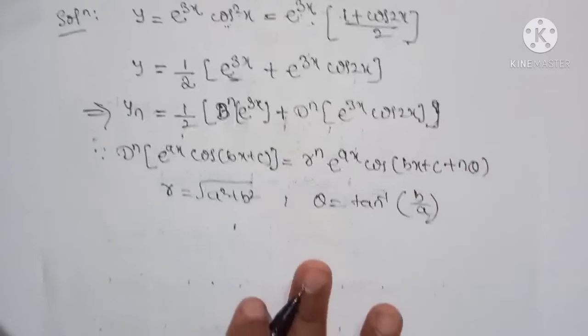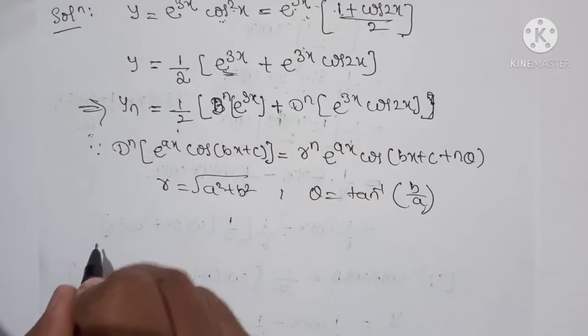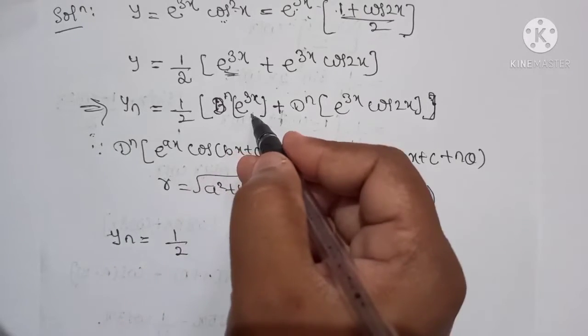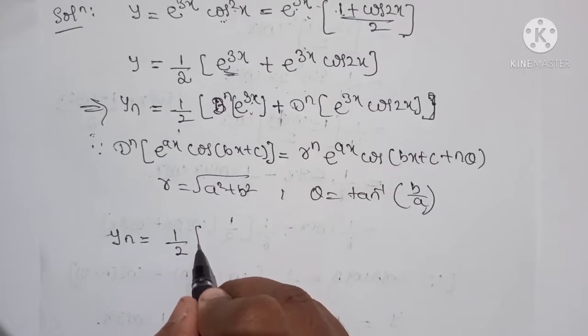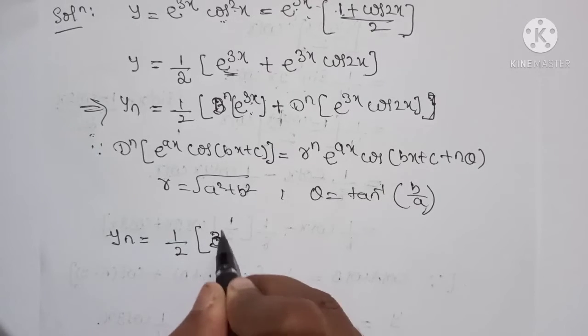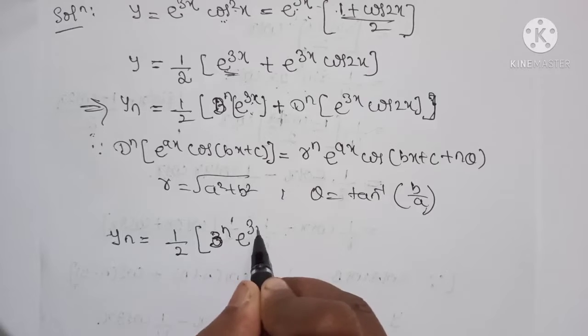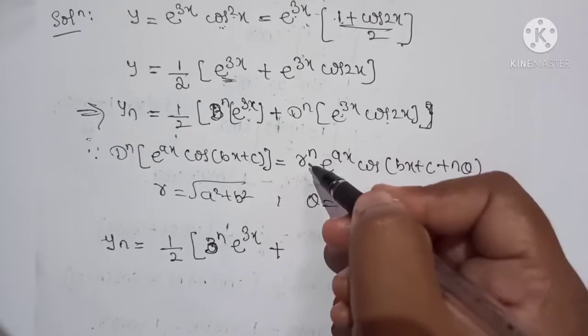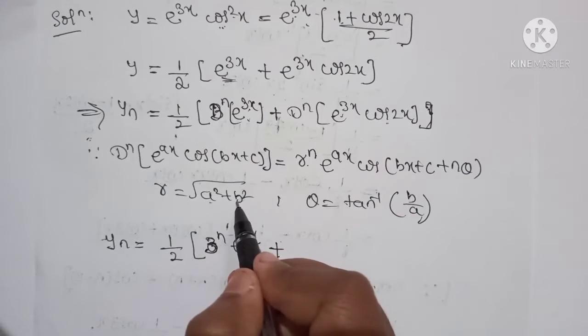Applying this formula we get y n equals 1 by 2 as it is. The nth derivative of e raised to ax is a raised to n, that is 3 raised to n e raised to 3x, plus here the derivative is r raised to n, where r is the square root of a square plus b square.